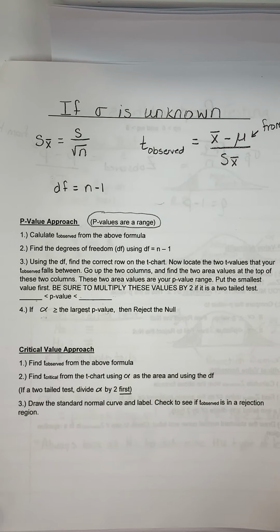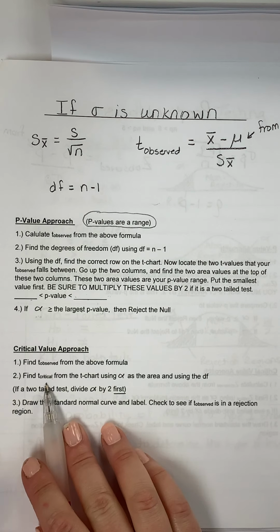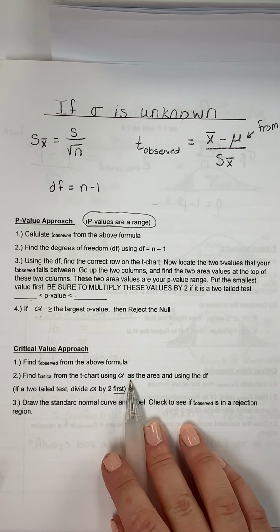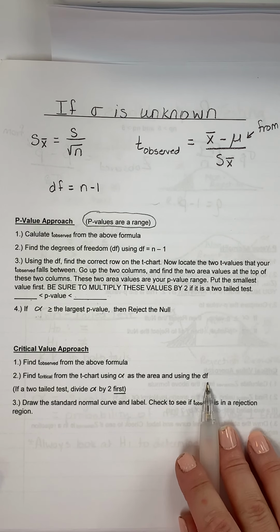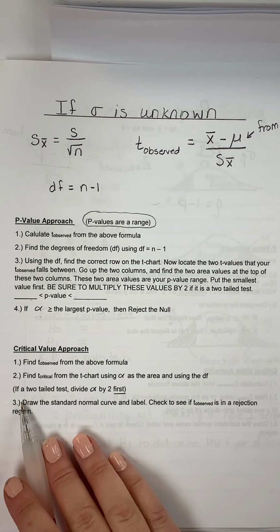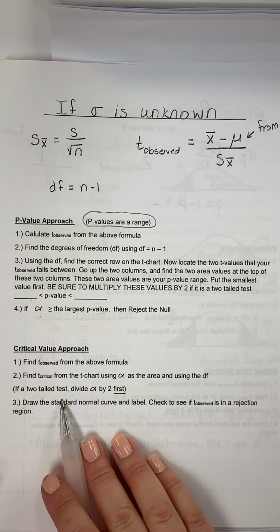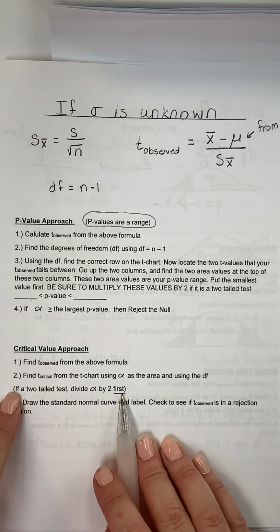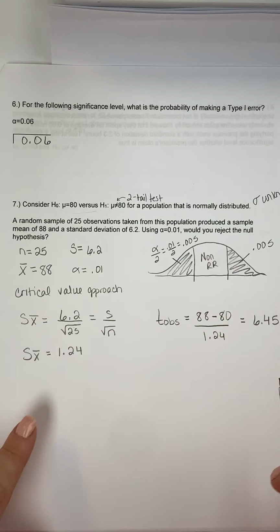I'm going to follow my steps. I find T critical from the T chart using alpha as the area and using the degrees of freedom. If I have a two-tailed test, divide alpha by 2 first. Well, I already did this part. So here's what I'm looking for.